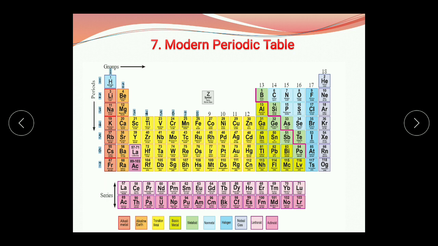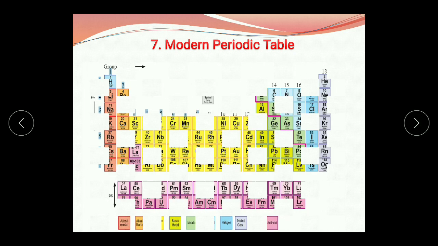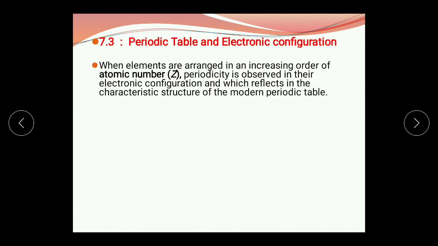This whole periodic table is based on the atomic number, and the arrangement is done such that from left to right these elements are placed in increasing order of their atomic number, and in a single group there are elements with similar physical and chemical properties.